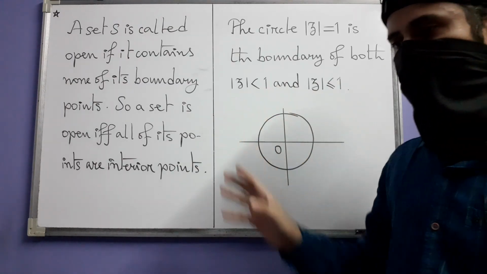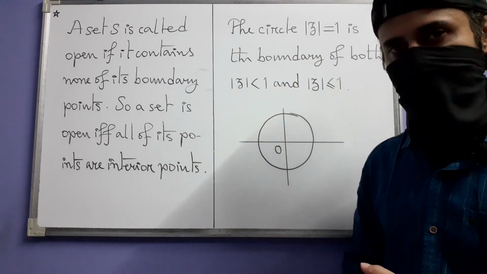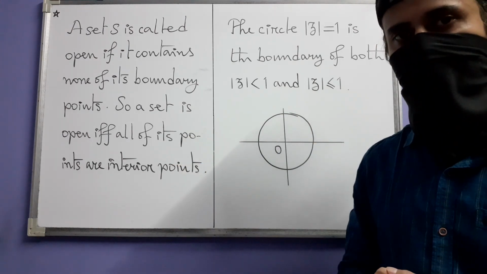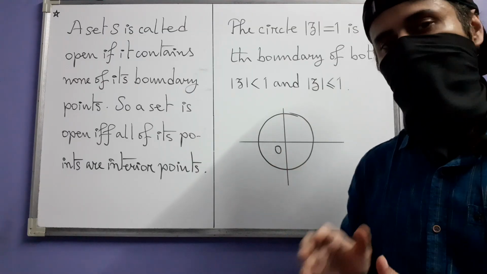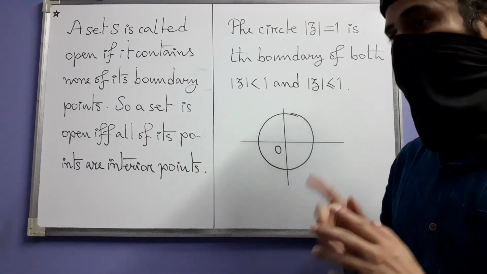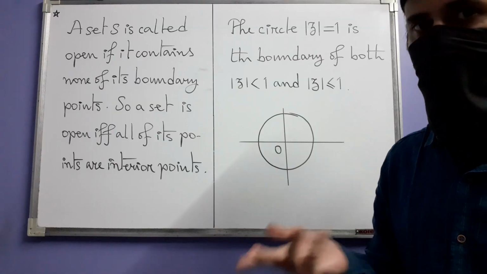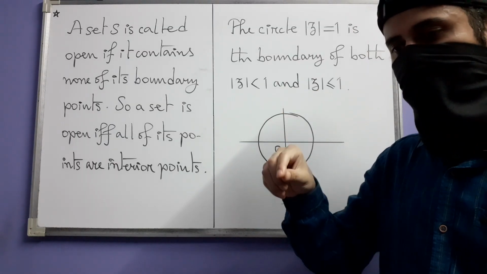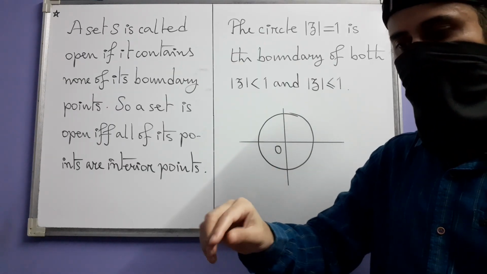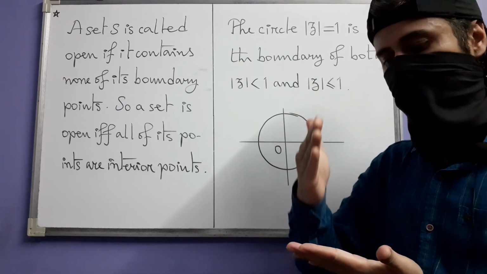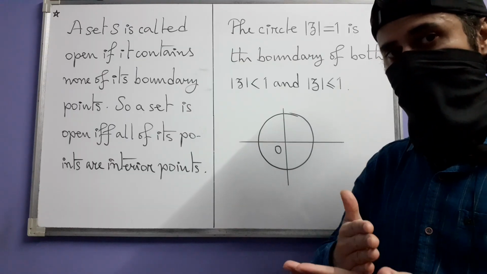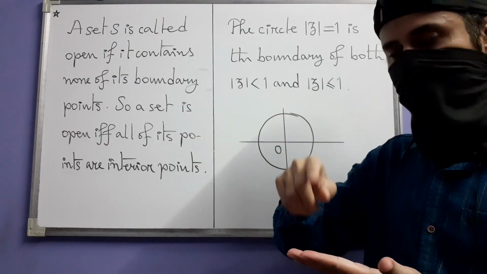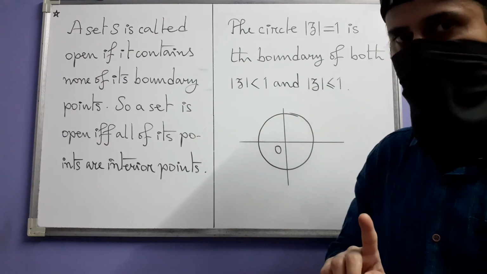You think of some set in the complex plane, and you pick a point from the set. You want to conclude that it's an interior point. Can it be an exterior point? No, because exterior points always lie outside. So that means, because every point with respect to a set is either an interior point or an exterior point or a boundary point, and exterior point is ruled out, your chosen point is either an interior point or a boundary point.